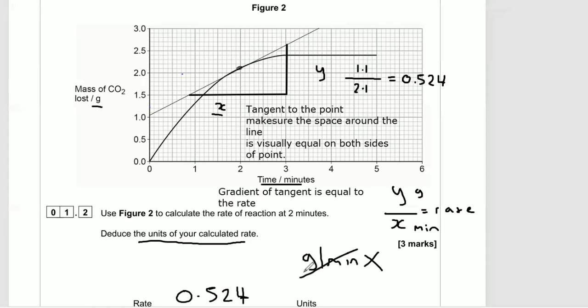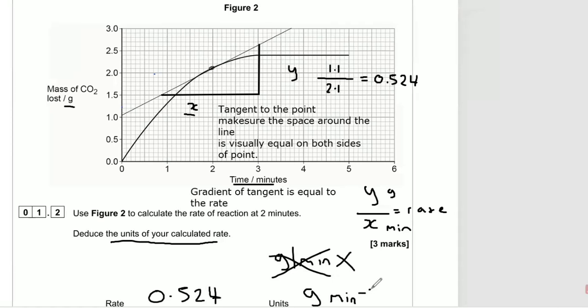Now at GCSE you can put the diagonal line, grams per minute, but at A level you need to put g min to the minus 1. Okay, so 1.1 over 2.1, 0.524, and that's grams per minute.